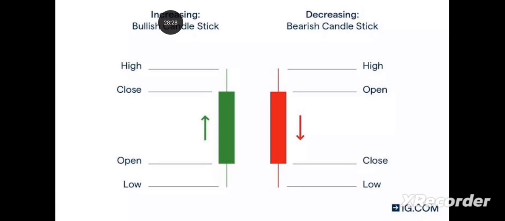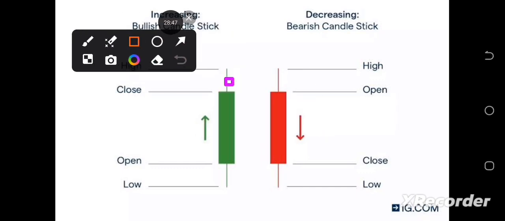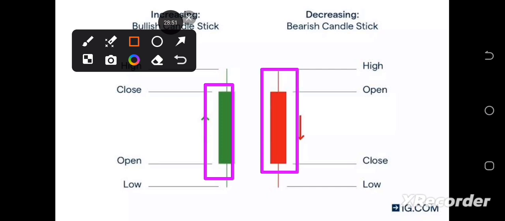So like I told you, in the market, you are a buyer, you are also a seller. You are a buyer if the market is going up, you are a seller if the market is going down. That's why I say we are going to talk about buyers and sellers. So in this market, the green candle here represents the buyers, while this red candle represents the sellers.